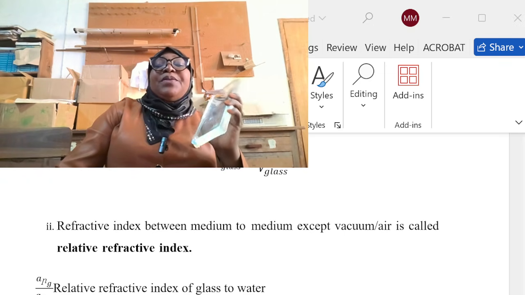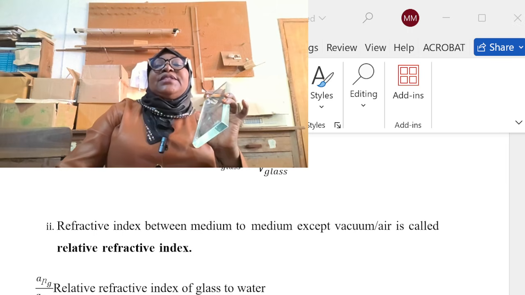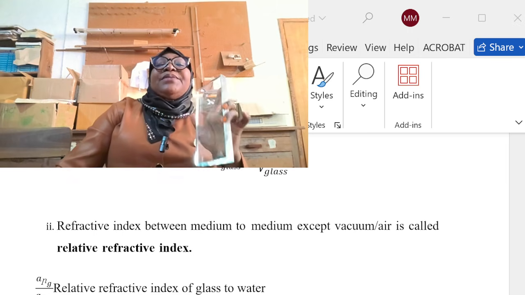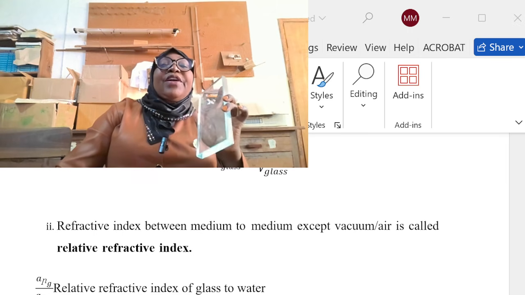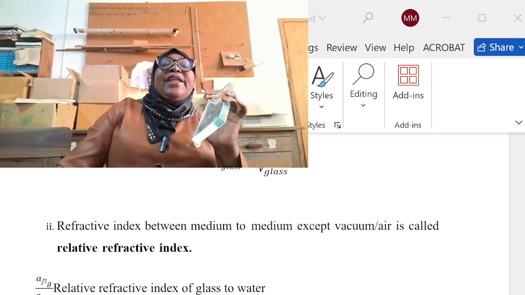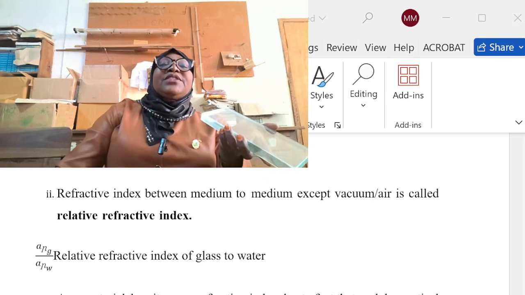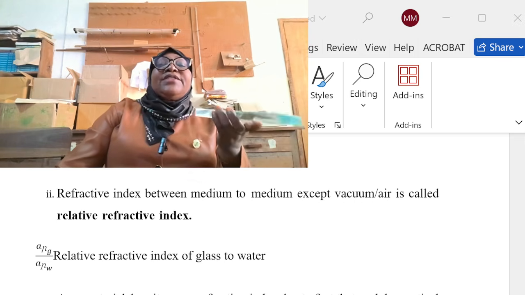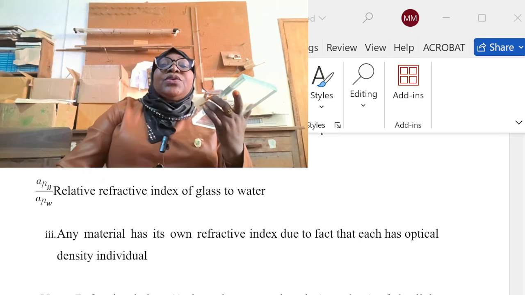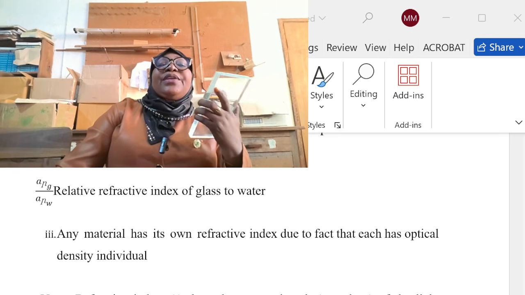Also, the ratio between two refractive indices, excluding air or vacuum, is known as a relative refractive index. For example, the refractive index of glass divided by the refractive index of water is the relative refractive index. So any material has its own refractive index.